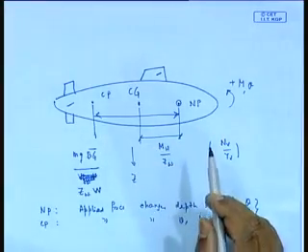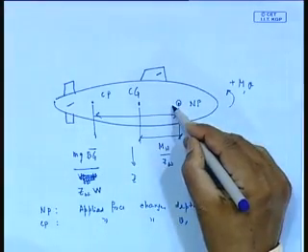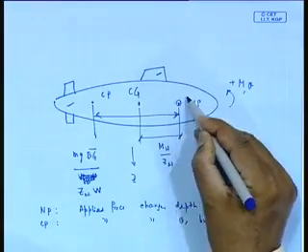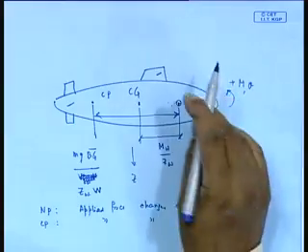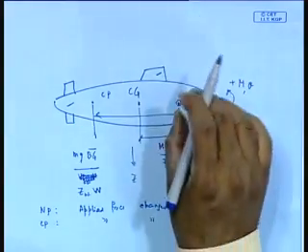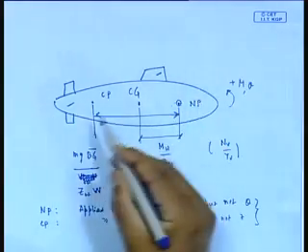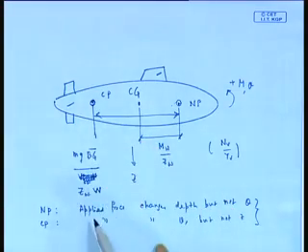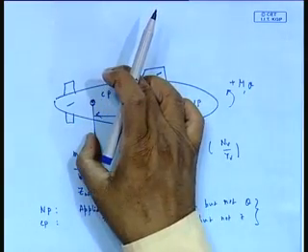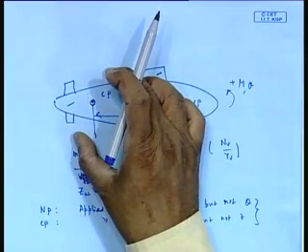If I were to put some kind of a fin at this neutral point, it will simply go up and down, but not change the trim angle. Now, the critical point is defined as the point where if I apply a force, it will change the trim angle, but not depth.